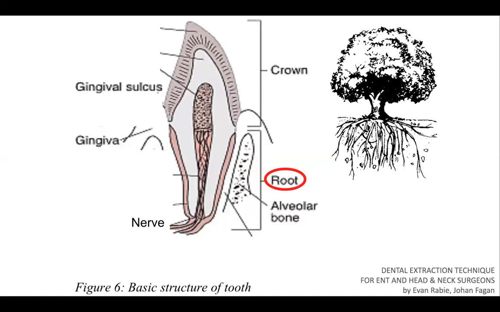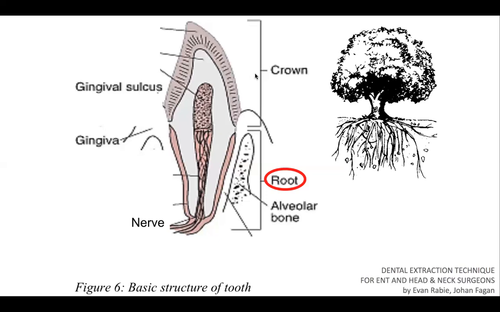Let's imagine a tooth is like a tree. You can see the tree from the outside, but under the soil, under the ground, there are a lot of roots. It's the same thing. What you can see of a tooth outside is what we call the crown, but under the bone there is the root.